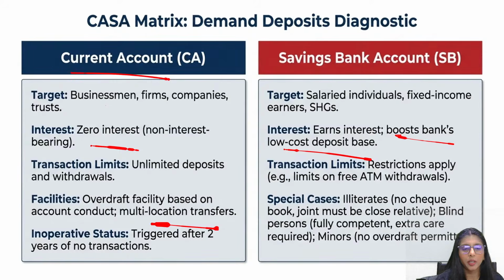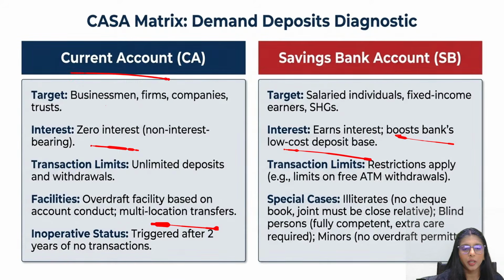But the main documents which have to be there while opening a current account are proof of identity, KYC compliance, authority to operate, registration proof or legal proof. These are the four documents required whichever kind of current account you are opening. These are mandatory to submit. These are checked by the bank.